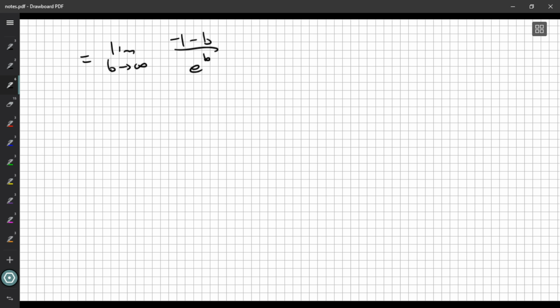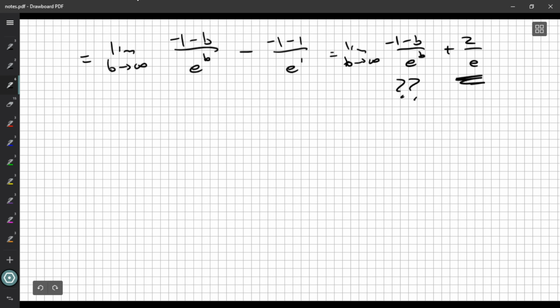And then minus, we plug in 1, so minus 1 minus b over e to the b plus 2 over e. Now we don't really care about this part. We wonder, does this part converge? So let's just look at that. I'm even going to bring a minus sign out and change it to b plus 1 over e to the b.